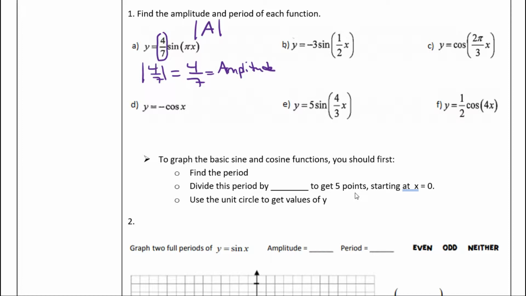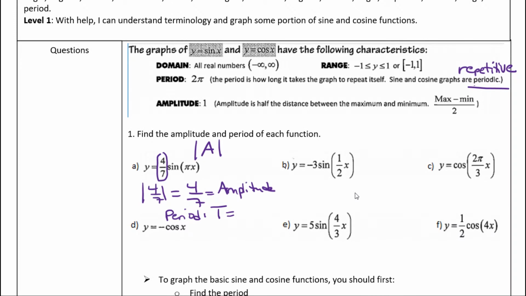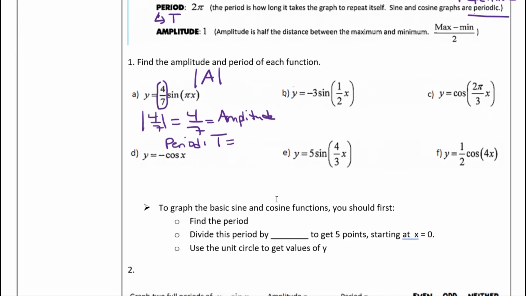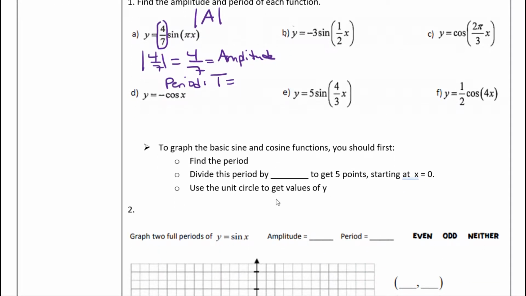And to find your period, I'll use the symbol T for the period, or I'll just simply call it period. If I use either one of those, that's what I mean, the period. So the period T is equal to 2 pi divided by the B term.